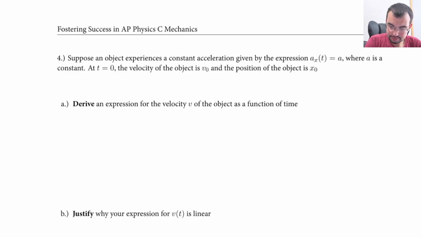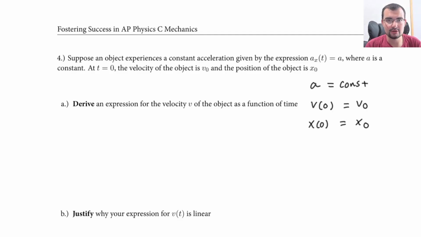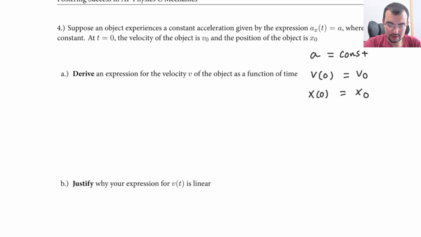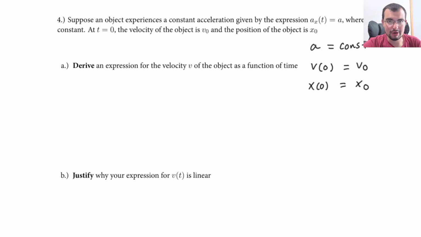Our condition here is that the acceleration is equal to a constant, and we're also given the velocity and position at 0. This is going to give us the general solution to uniform acceleration, and we'll see this equation come up a lot. We'll prove it without calculus in a later section, but it's a pretty important exercise.